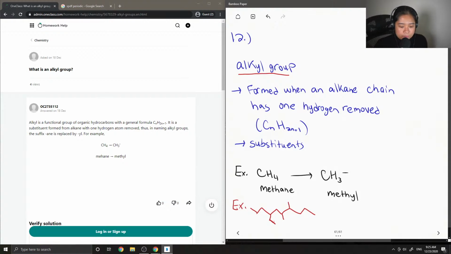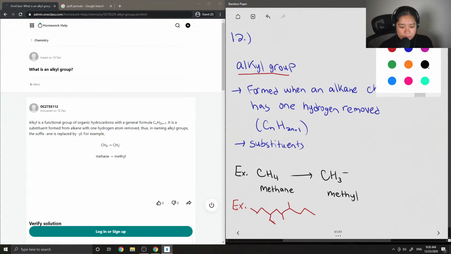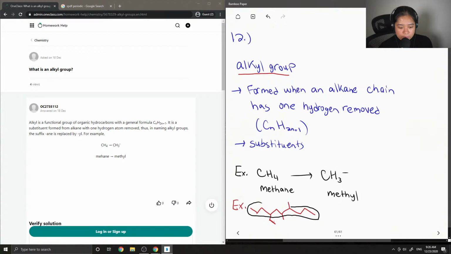So to name this, you would circle the longest chain of carbons, and then if we were to number them, let's start from this end.